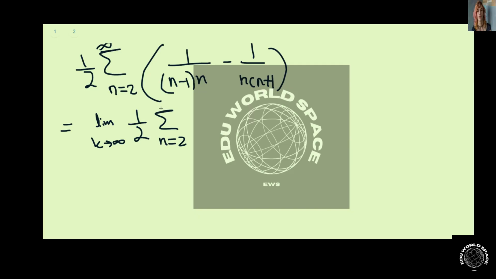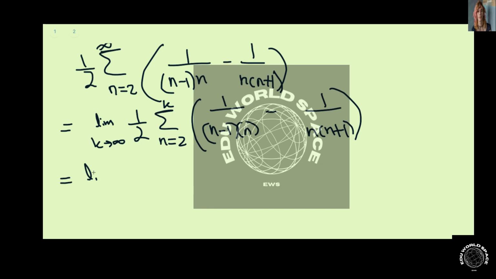Now write the sum as a partial sum, and then let's still write this term in there as well. Now the next step, we're ready to get to work here. We'll go ahead and evaluate this partial sum by writing out some terms. So the limit will not come into play until the very end. So just keep writing that limit.